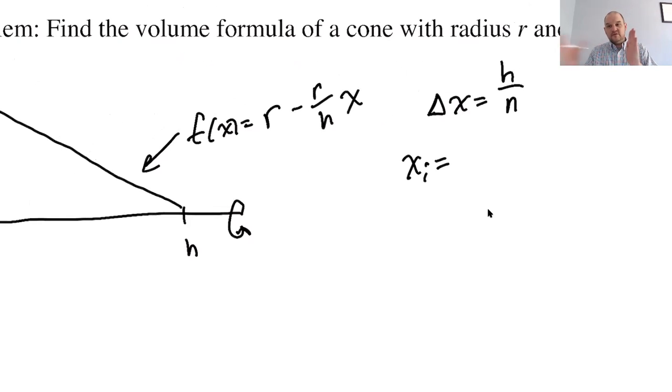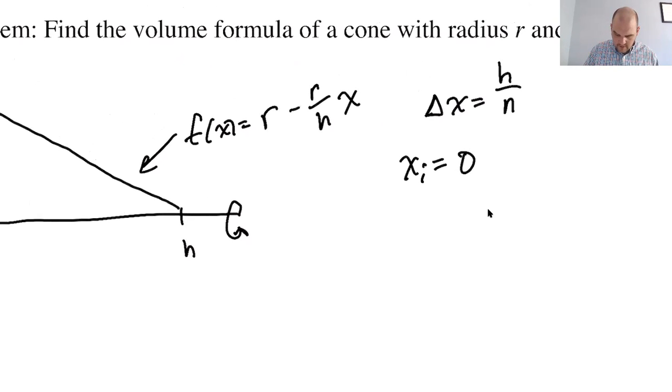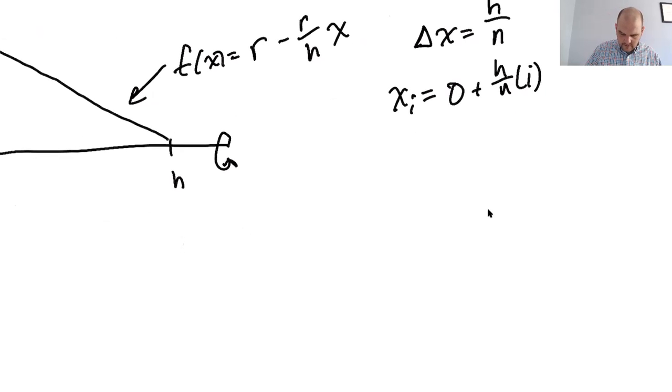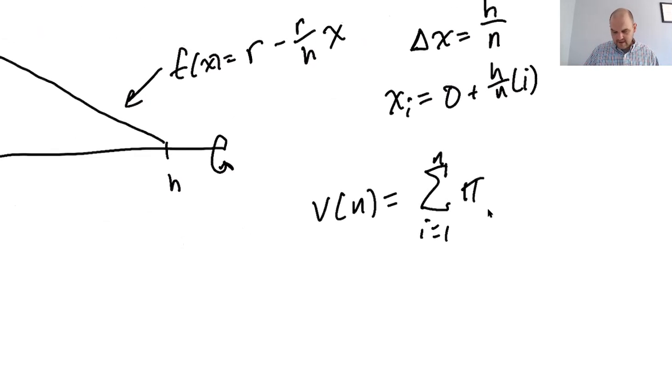We start at 0 and just go, so it's going to be 0 plus, hi over n. I feel like that's not great, so I'm going to put it in parentheses: h over n times i. And then we want to write our formula. So the volume as a function of n will be the sum from i equals 1 to n of pi.